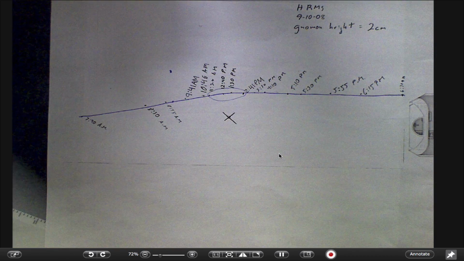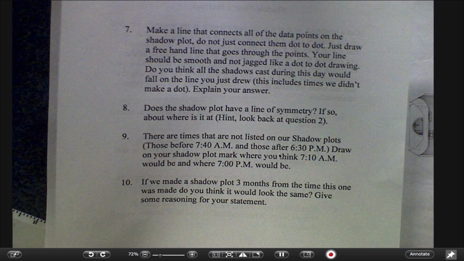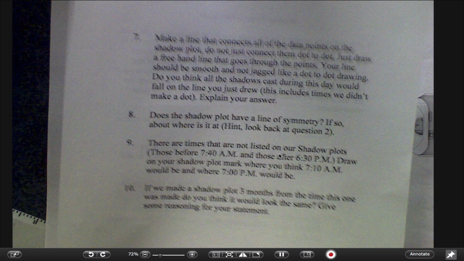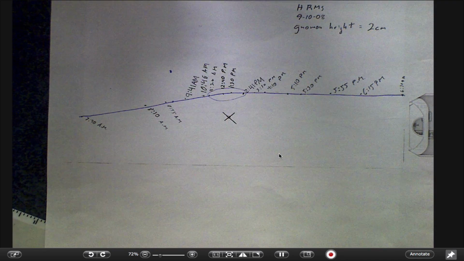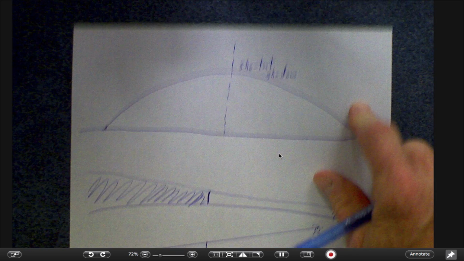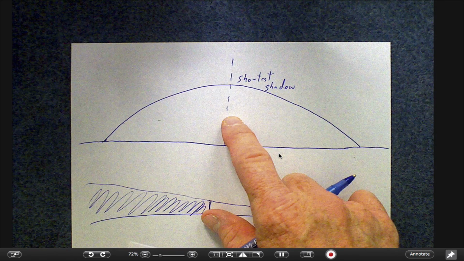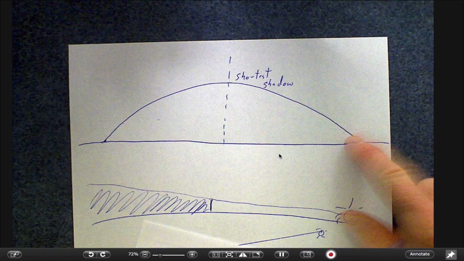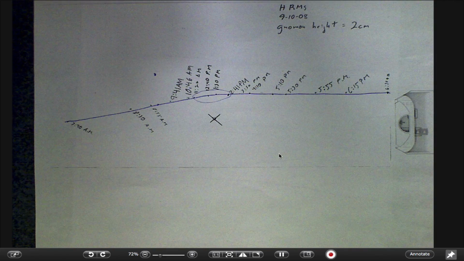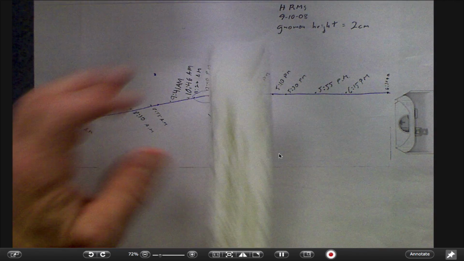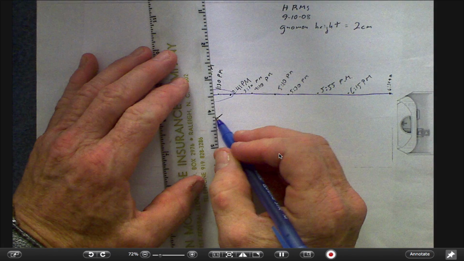And then, does the shadow plot have a line of symmetry? If so, where is it? Well, it's going to be right at the same place as the one we drew. That's our shortest shadow of the day, which gives our ecliptic, what we call this line, its line of symmetry. Our shortest shadow of the day on our shadow plot is also roughly where our shortest shadow of the day is.